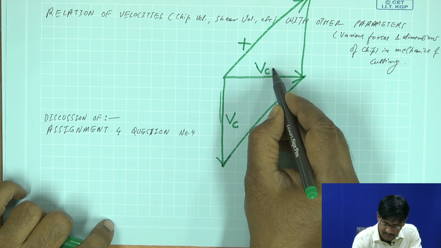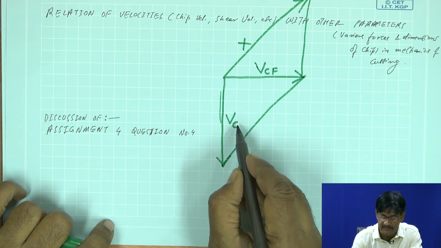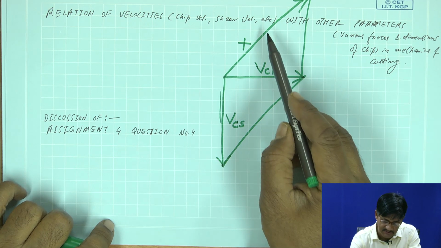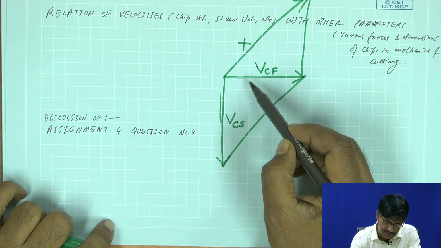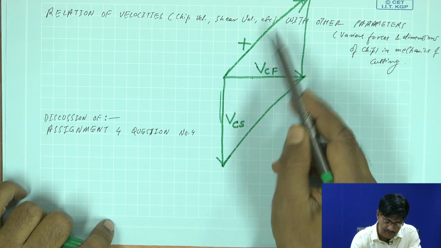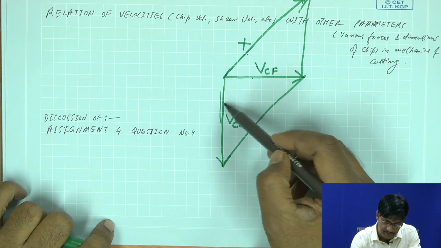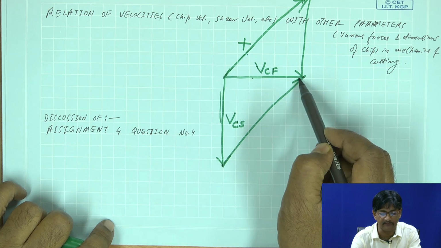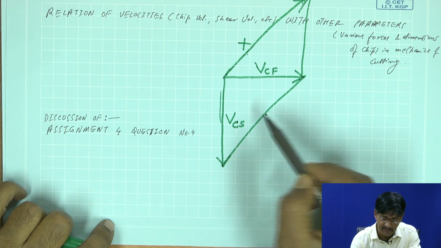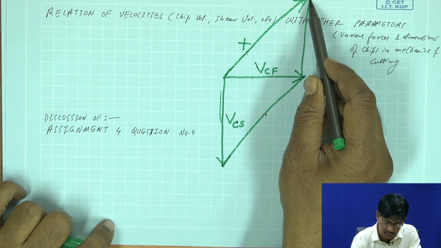Let us call it chip flow velocity, and this is cutting speed Vc. This must have shifted this velocity to this one by acting as the other velocity whose resultant is this one. So, obviously, this is the hypotenuse and therefore it will be the largest component.